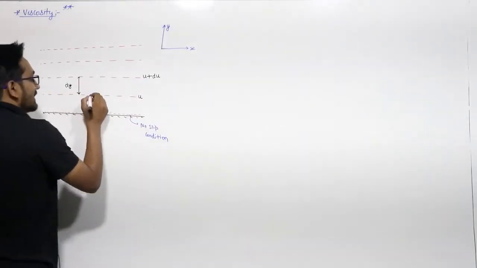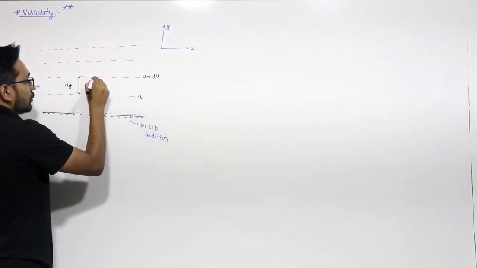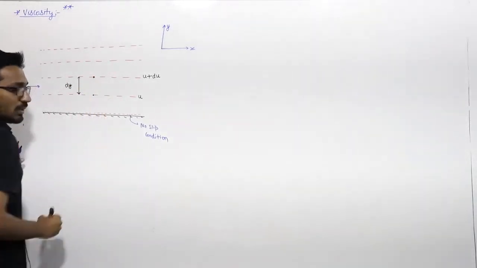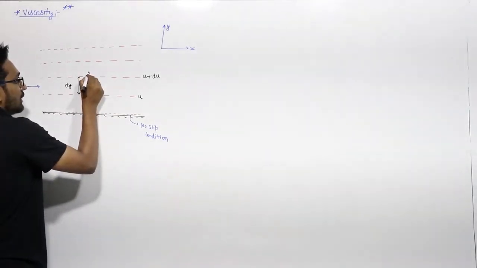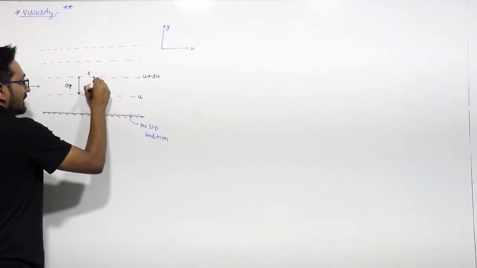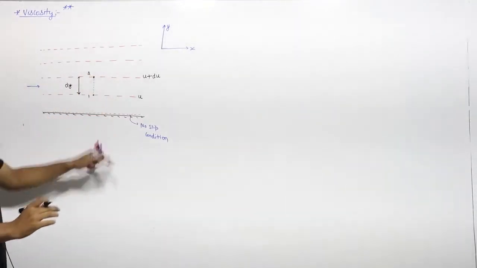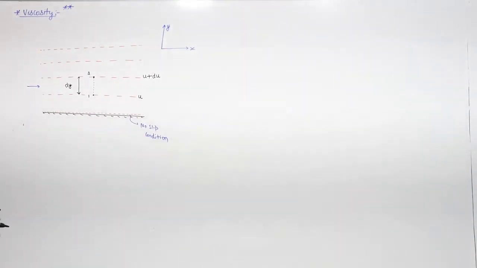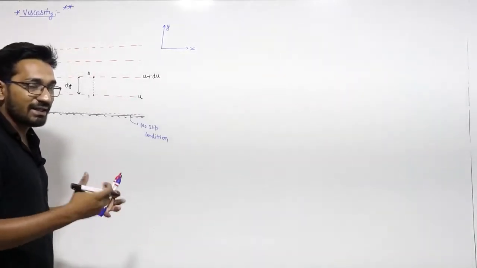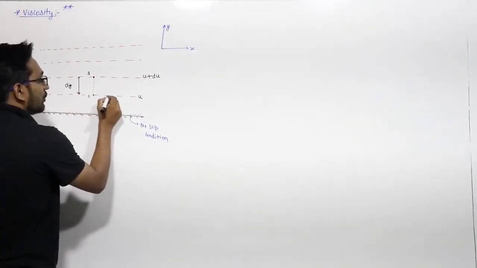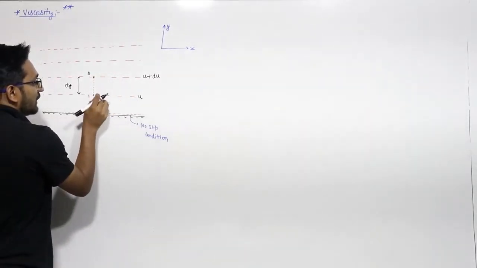Let us say that when time t is equal to 0, there are two fluid particles in these two layers. Suppose this is particle 1 and this is particle 2, separated by a distance dy. After a very small time dt, these particles will move in this direction.